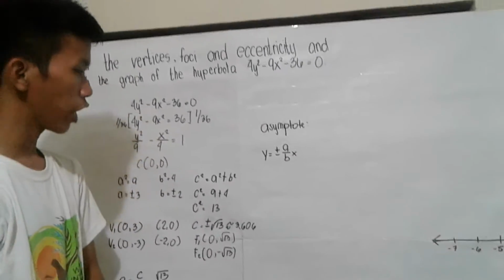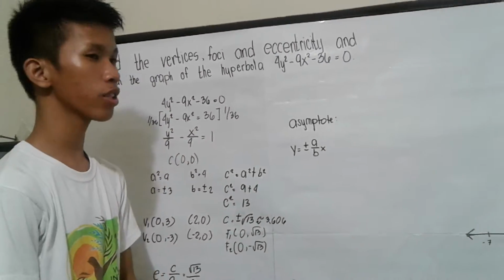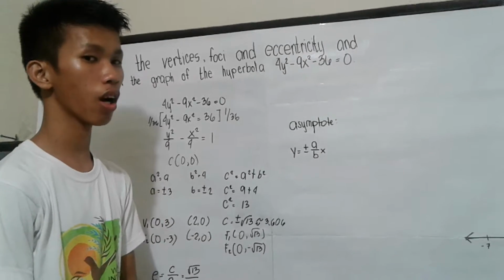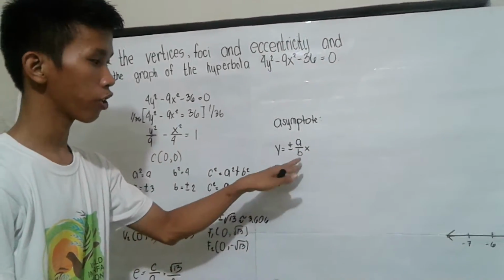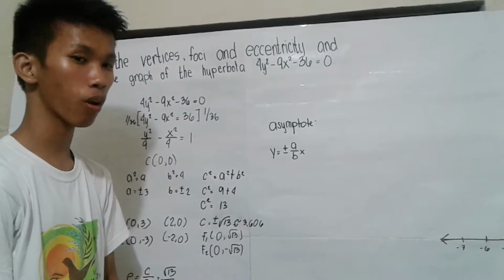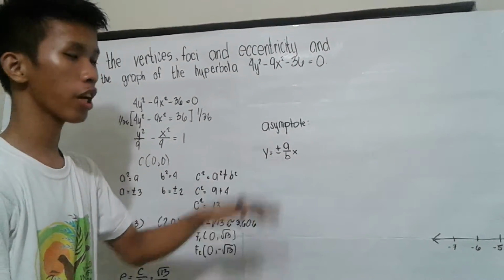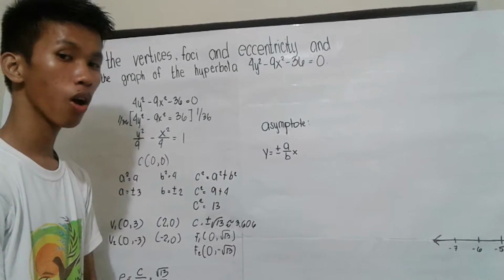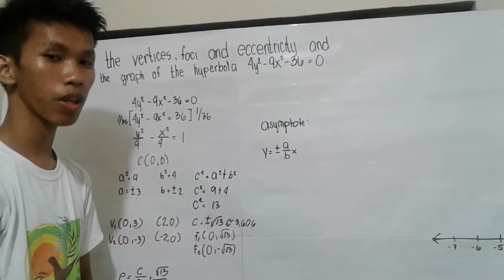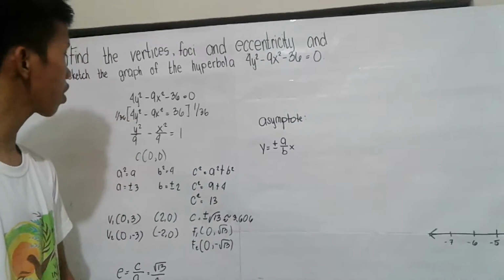If the transverse axis is in the x-axis, the a and b will be reciprocal, so it will become y is equal to plus and minus b over a.